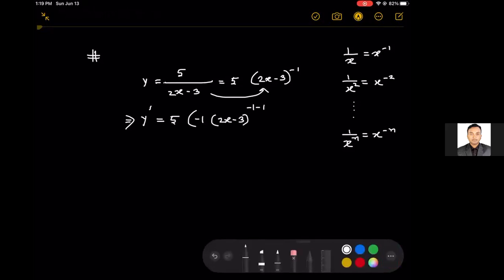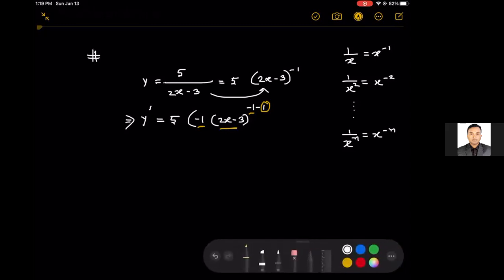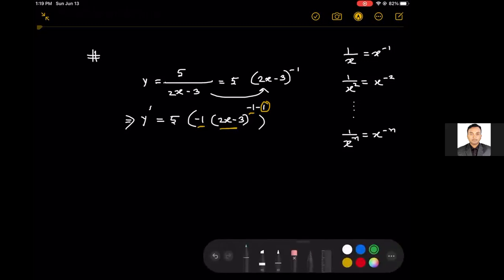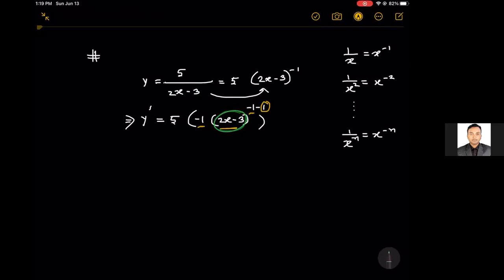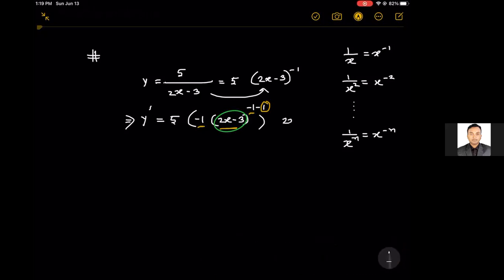Remember, the formula was n x to the n minus 1, right? And now using the chain rule, since this is not exactly x, is it? It's not exactly x, it's something else. So we need to use the chain rule, and using the chain rule, we can find the derivative of 2x minus 3.